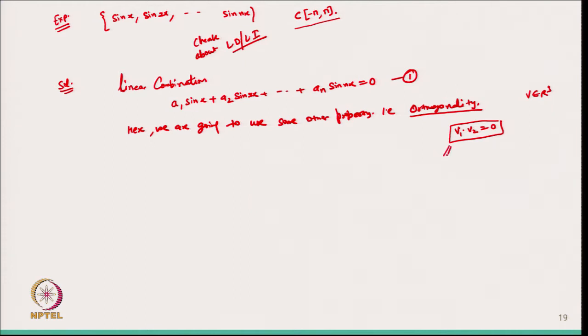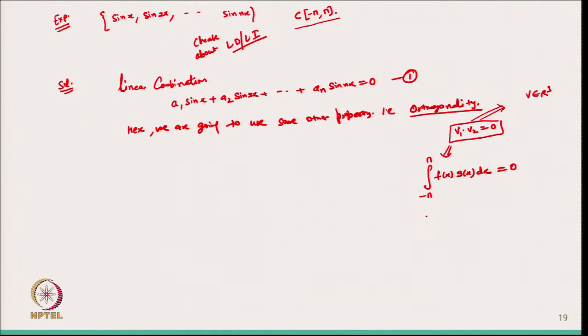So, here we extend this orthogonality to integration from minus pi to pi. Taking functions f(x) and g(x), the concept of dot product becomes the integral from minus pi to pi of f(x) g(x) dx, because there the vector is of discrete type, but here the vector is a function. If this is equal to 0, then we say the functions f(x) and g(x) are orthogonal to each other in the interval from minus pi to pi.